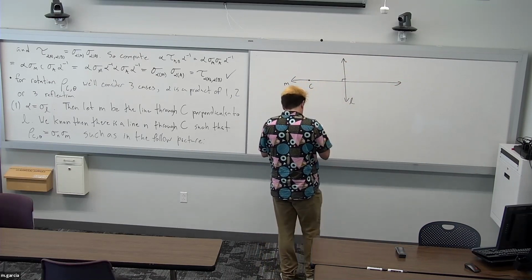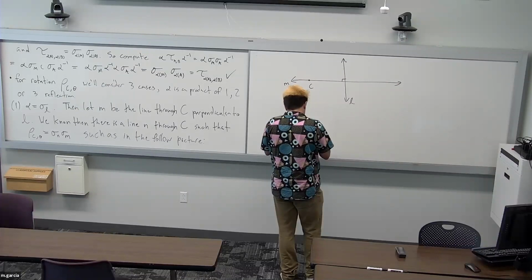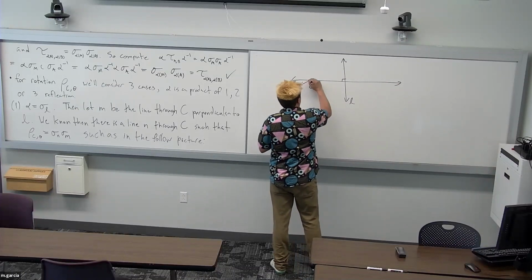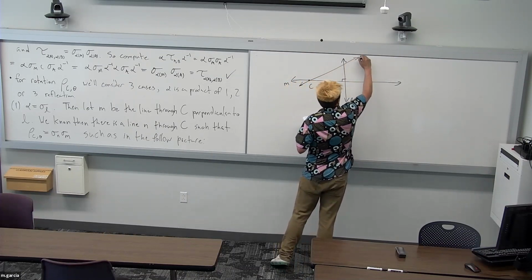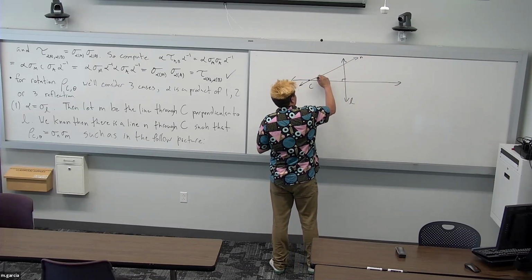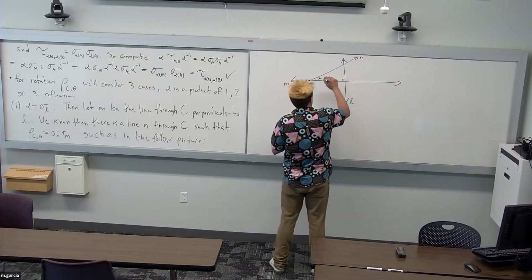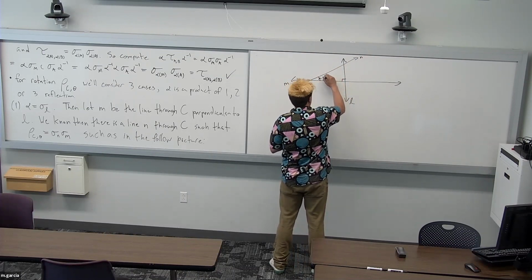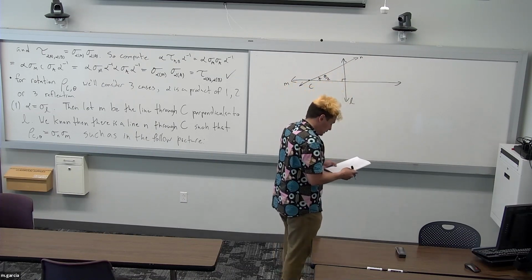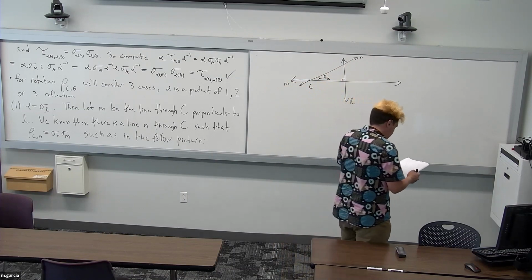And what I'm saying is there is some line N such that the directed angle measure from M to N is theta over 2. Okay.